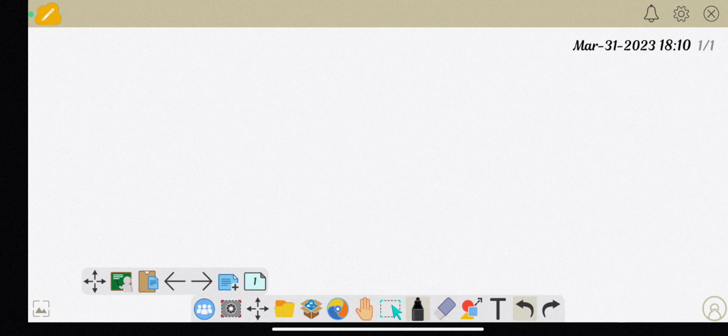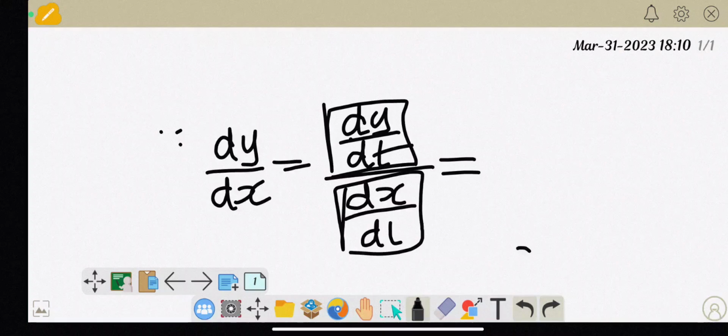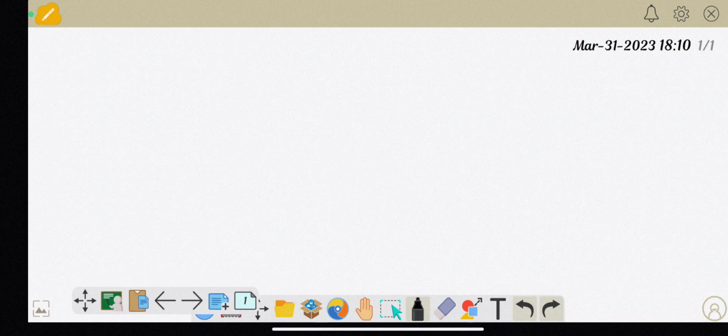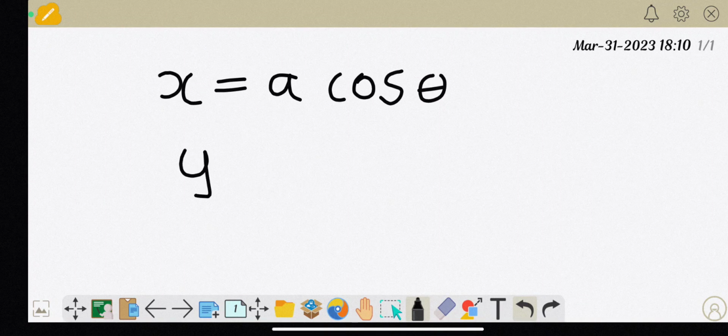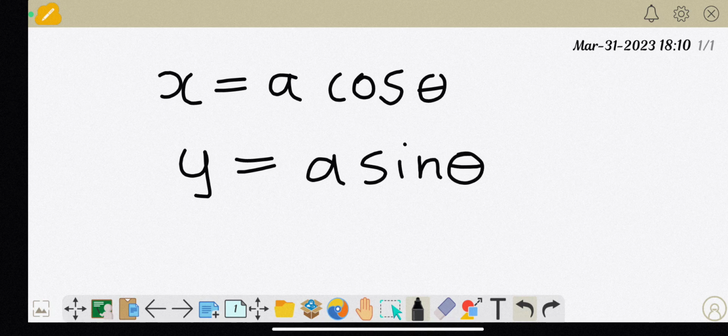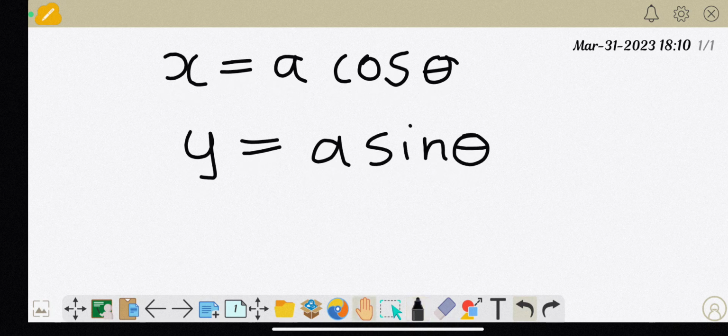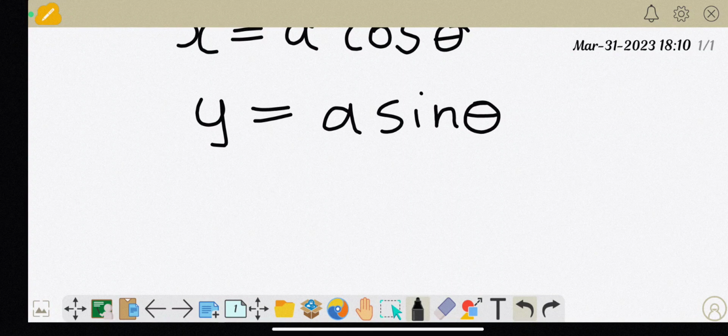So let's solve some exercise. Let's solve some problem. So let's take one example. If x is equal to a cos theta and if y is equal to a sin theta, what is dy by dx?